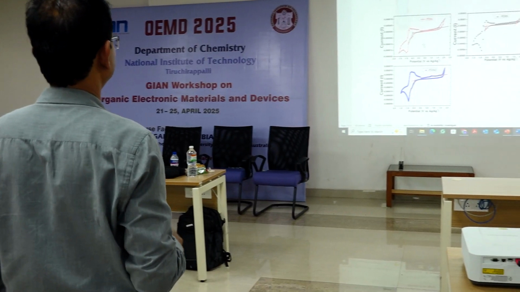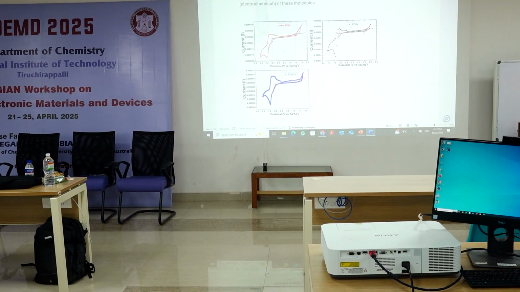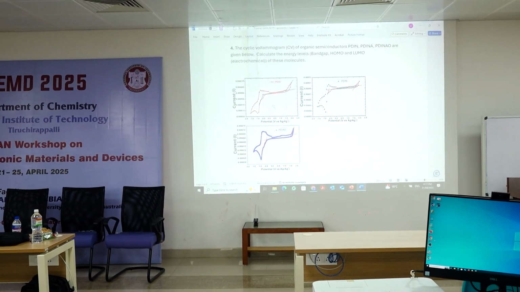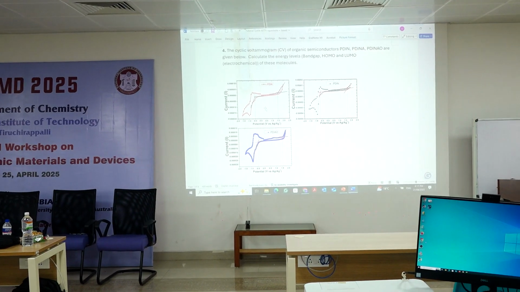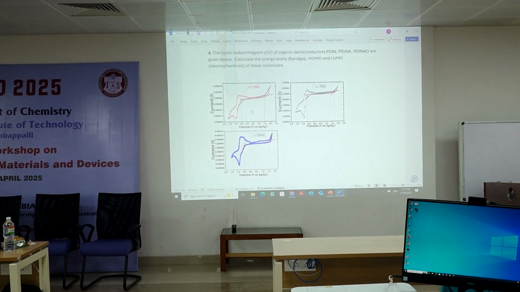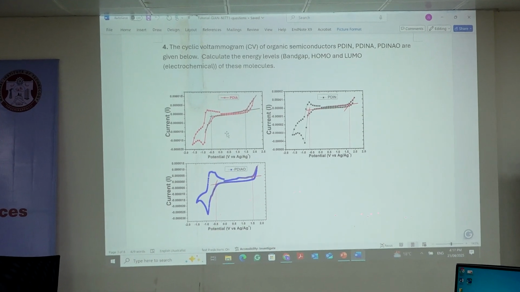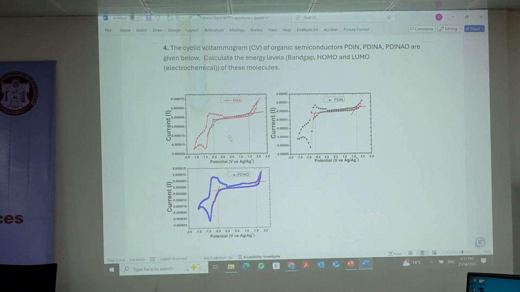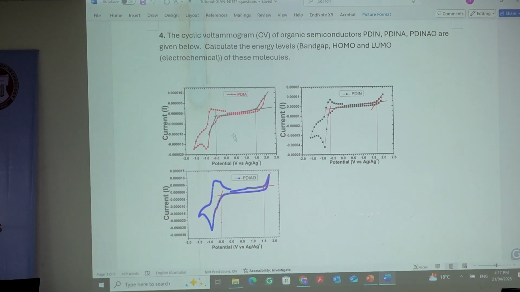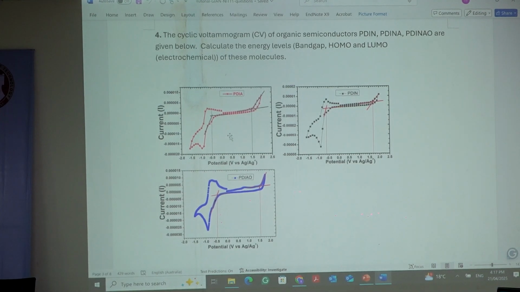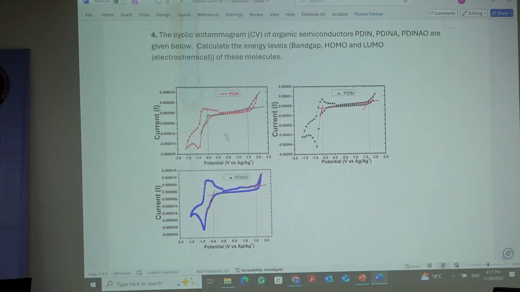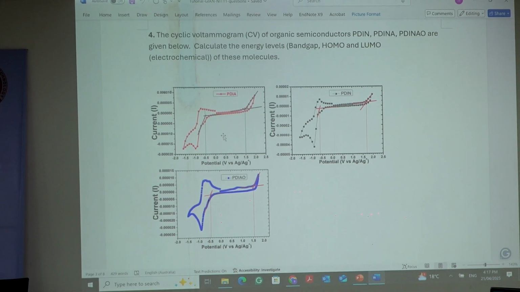I asked 3 questions. Positive side is oxidation, negative side is reduction potential. So you have to use the formula minus 4.8, okay? I give a different graph, so that will give more idea how to calculate this one. I think it's visible, right?